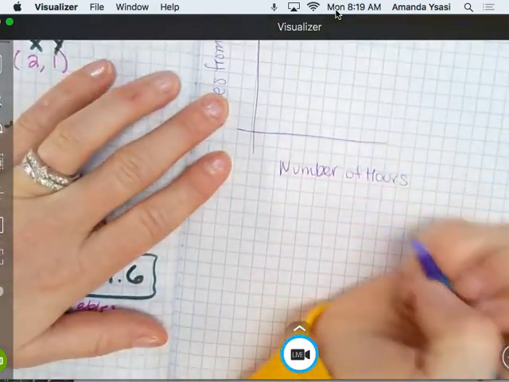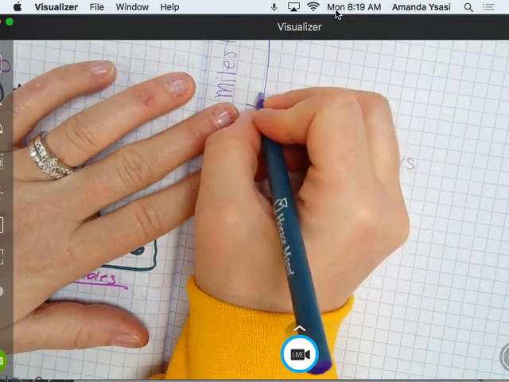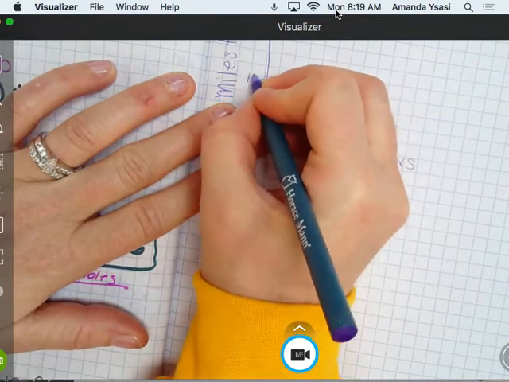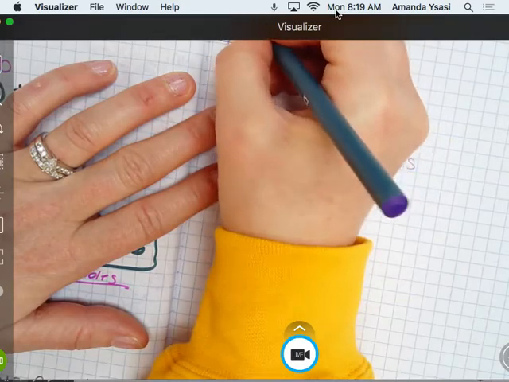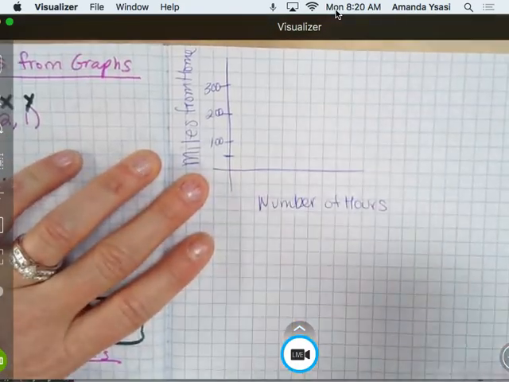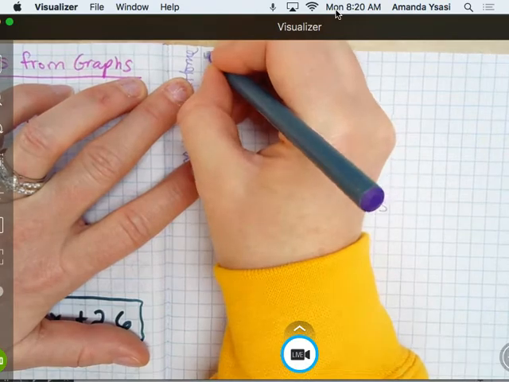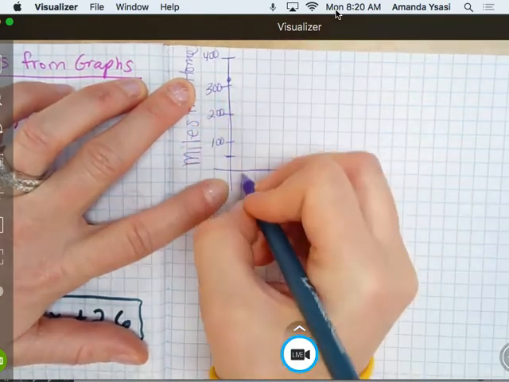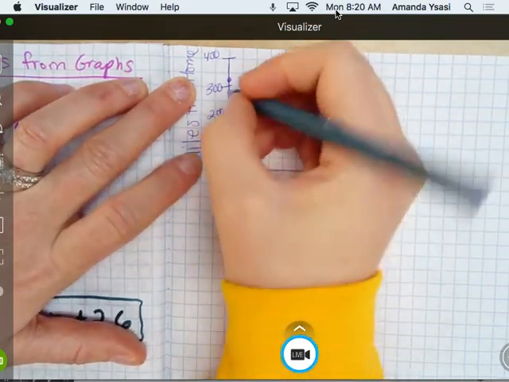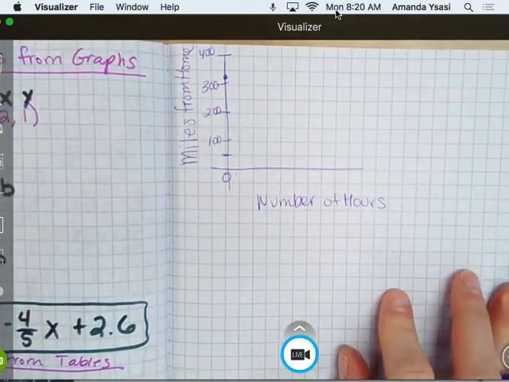So you're going to start out at 320. Let's say 100, 200, 300. We went by 50s. This would be 400. So 320 would be right around here. And then you start out 0 hours, you're at 320 miles from home.